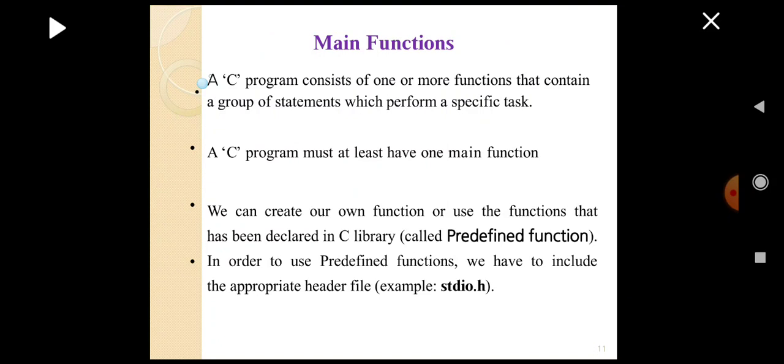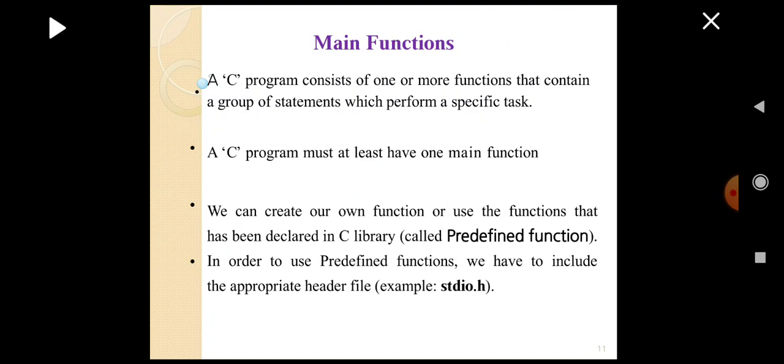A C program consists of one or more functions that contain a group of statements which perform a specific task. A C program must have at least one main function. We can create our own function or use the functions that have been declared in C libraries, called predefined functions.